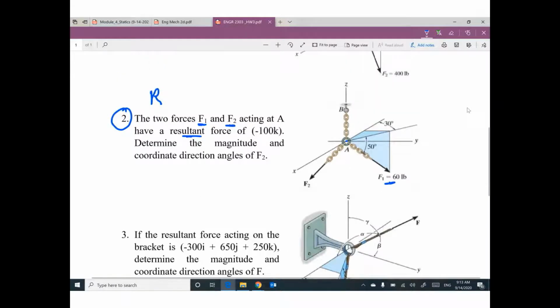As a vector? Yes. Which vector? You have 0 i, 0 j, and negative 100 k.